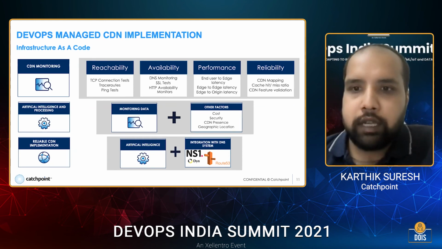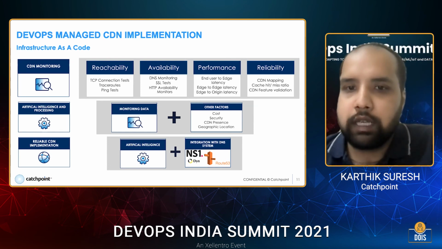So this data can be weighted along with other factors such as cost, security, geographical locations, and the presence of CDNs to define which CDN has to be given higher priority and which CDN has to be mapped to a particular geographical location or end users.